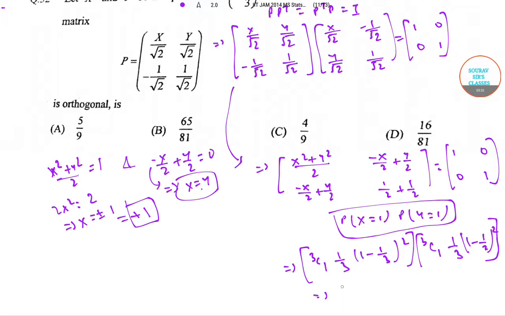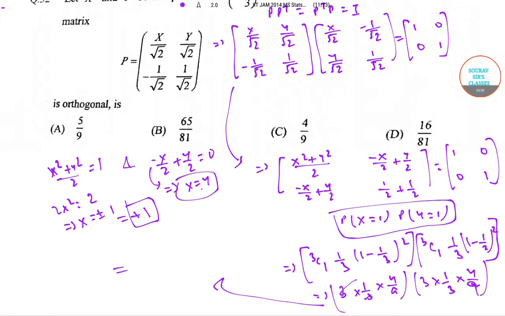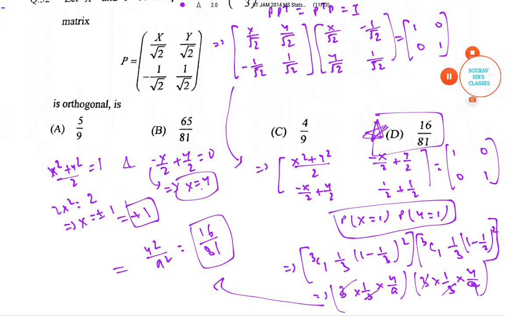We get this as 3 into 1/3 into 4/9, 3 into 1/3 into 4/9. So here the 3 cancels out, and we get 4 squared by 9 squared, which is equal to 16 by 81. Thus, the correct answer is option D.